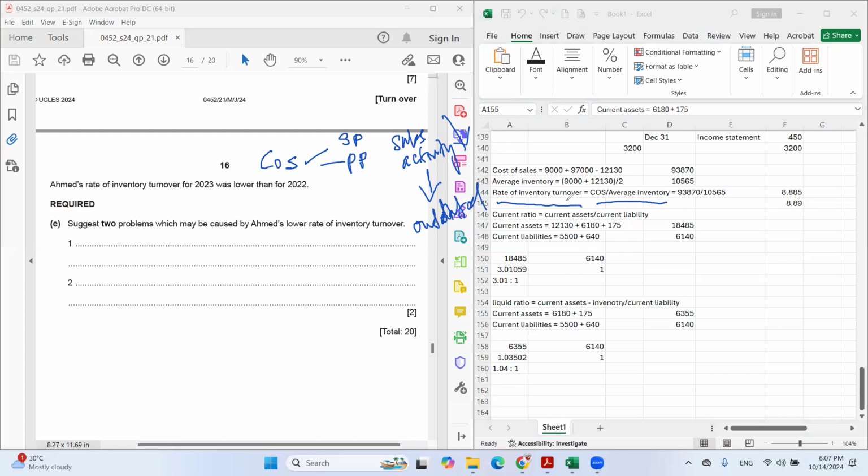Or if you talk about the holding inventory, average inventory is a holding inventory. So when you hold too much, what is the problem of the inventory? The storage costs will increase. So your two problems that may happen: obsolete stock and the storage cost may increase.